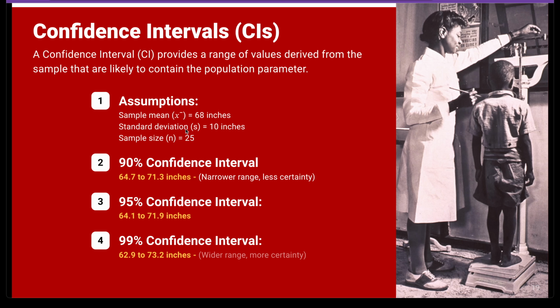But if I have a mean of 68 inches and a deviation of 10 inches, and I have 25 people, and I want 90% confidence, well, 65-ish to 72.